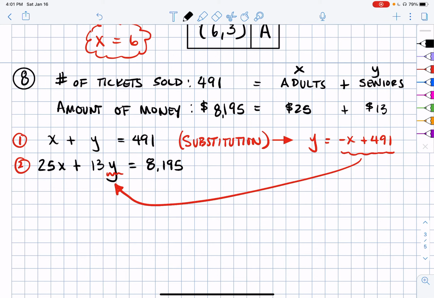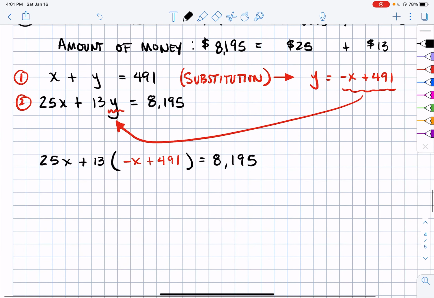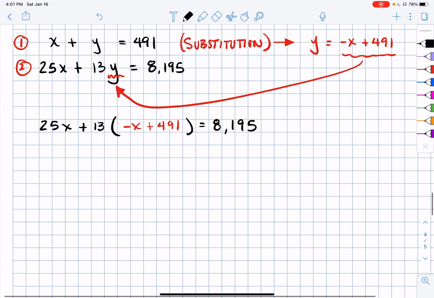So I get 25x plus 13 times negative x plus 491, and that's going to equal 8195. If you guys don't understand it, let me know.